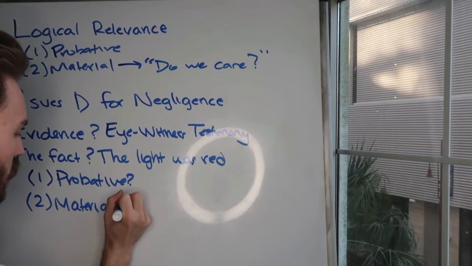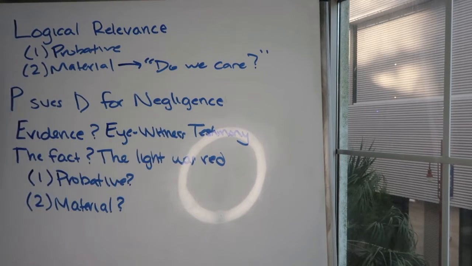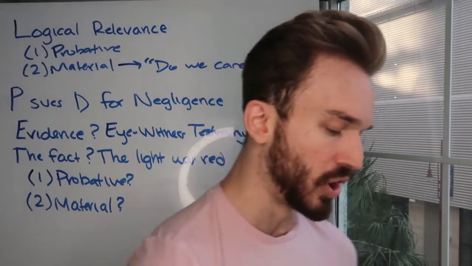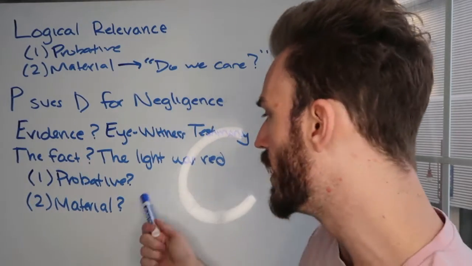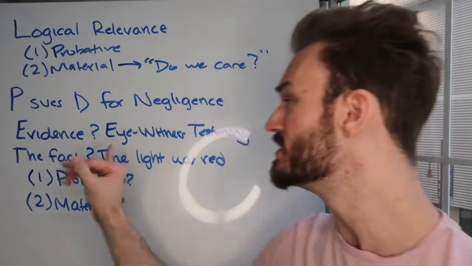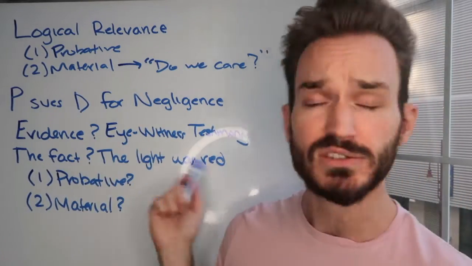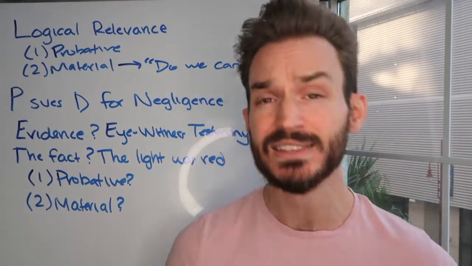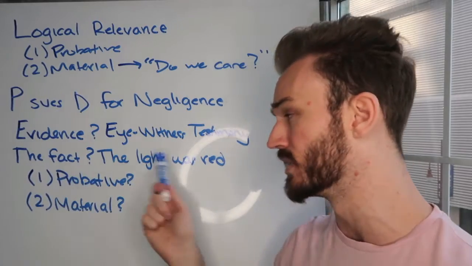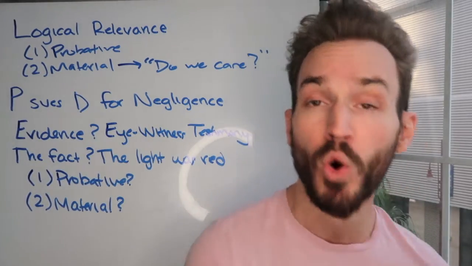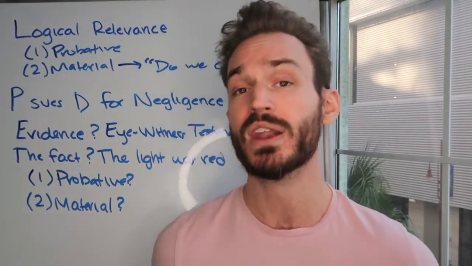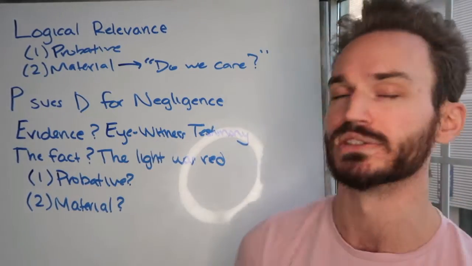Remember, in order to be logically relevant, it has to be both probative and material. So what is probative? Does this piece of evidence, this eyewitness testimony, have any tendency to make the fact that the light was red any more or less probable than it would be without the eyewitness testimony?